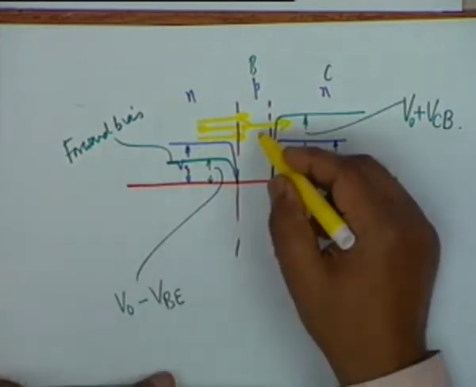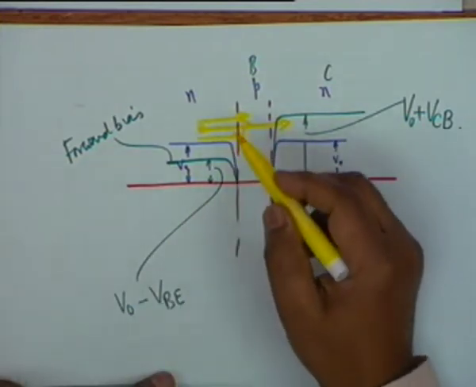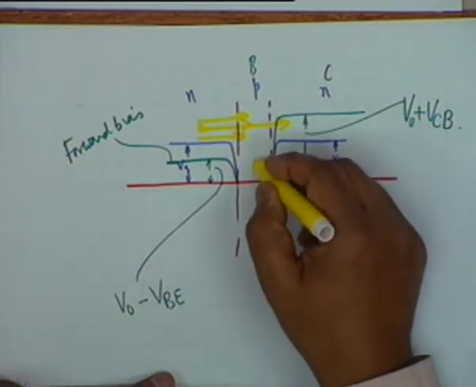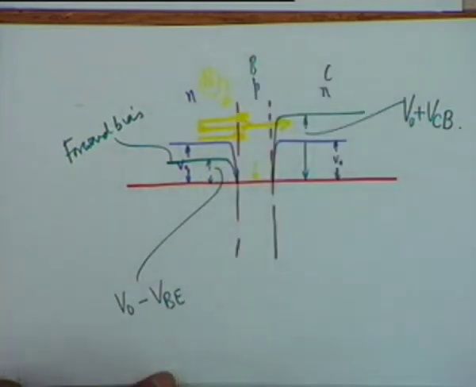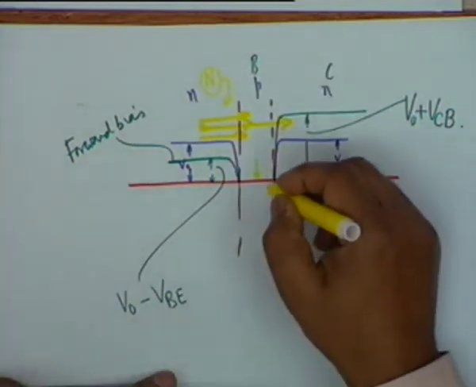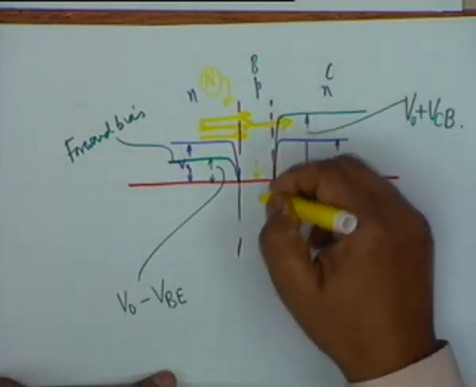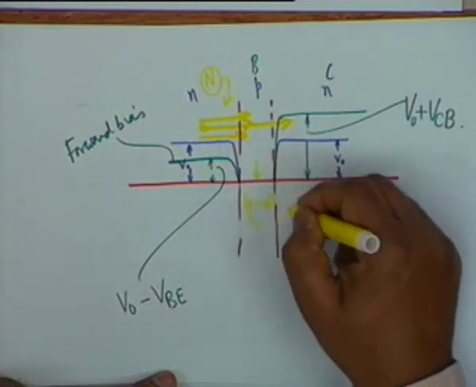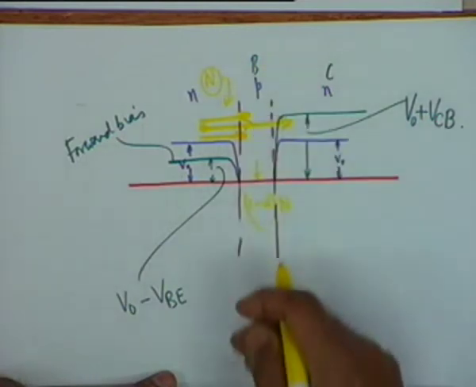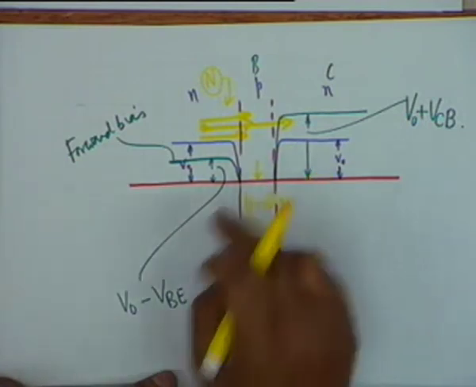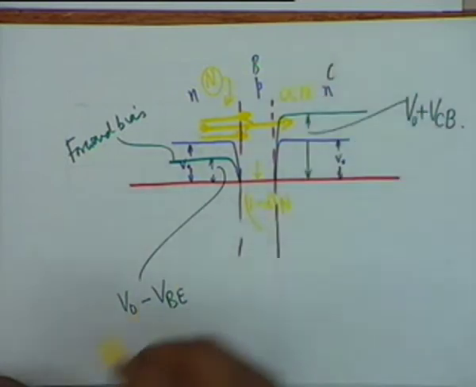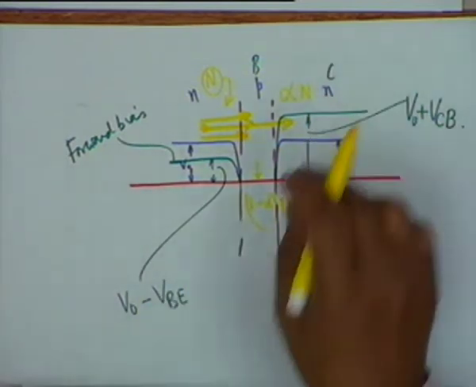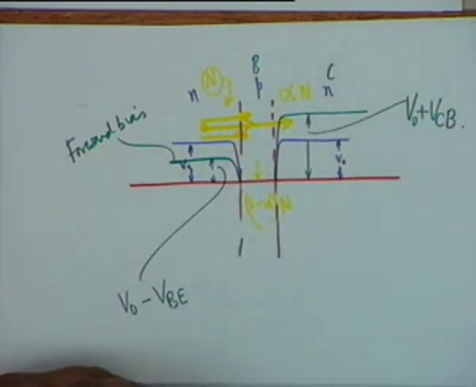A small number of electrons, a fraction, let's say if capital N number of electrons enter here, then a small portion, 1 minus alpha times N, recombine in the base region. The majority of it, alpha times N, pass into the n region. What happens when they come to the n region?